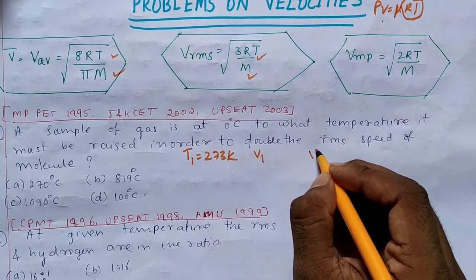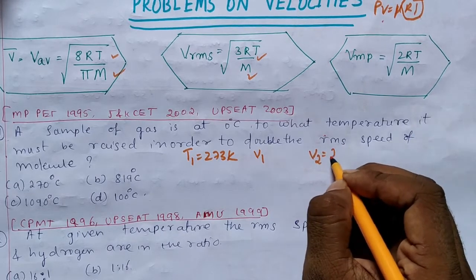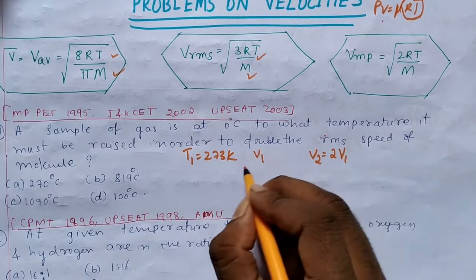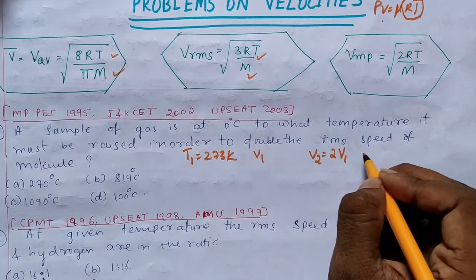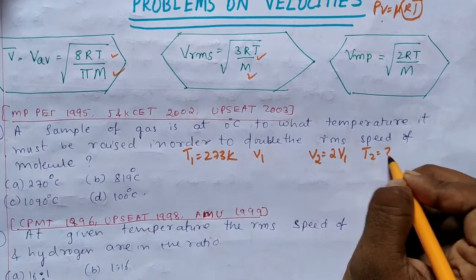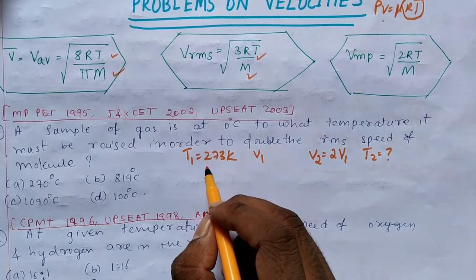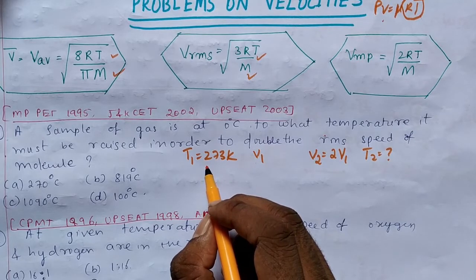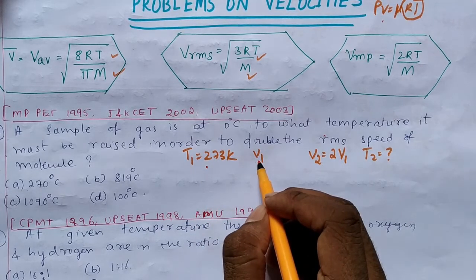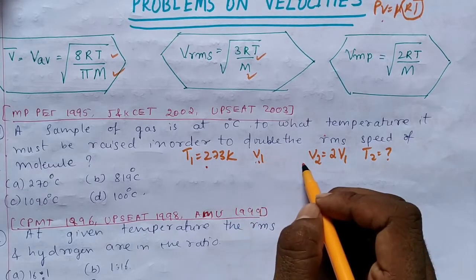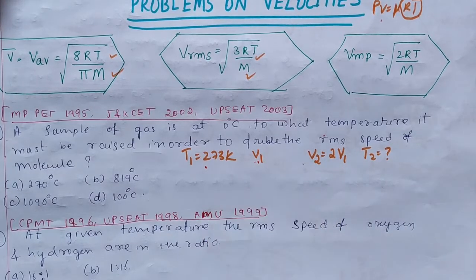If the RMS velocity becomes V2, equal to 2 times V1, what is the temperature? They are asking for that.